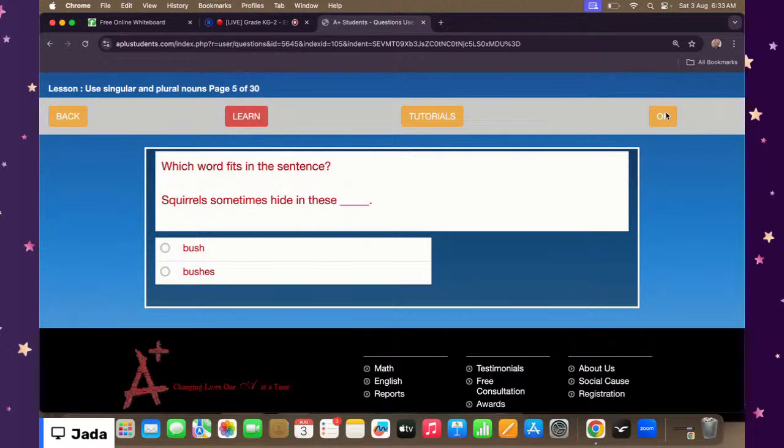Squirrels sometimes hide in this bush or bushes. In this bush or bushes. What's our answer here?